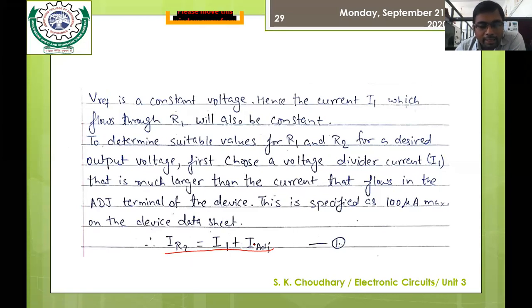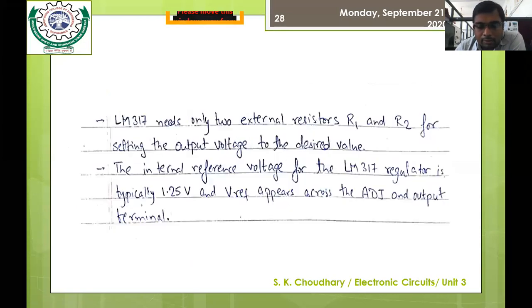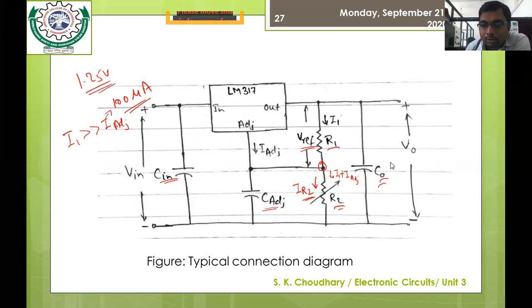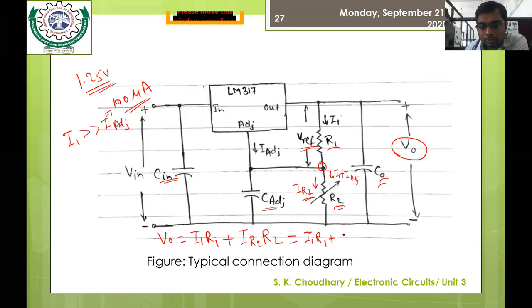Now from the diagram, we have to calculate the value of V0. What is the value of V0? It is the voltage drop across R1, that is I1 R1, plus the voltage drop across R2. So it is I1 R1 plus (I1 plus I adjustable) into R2.